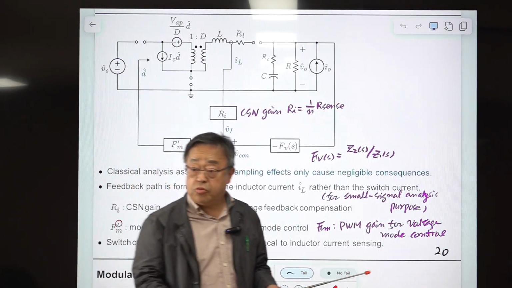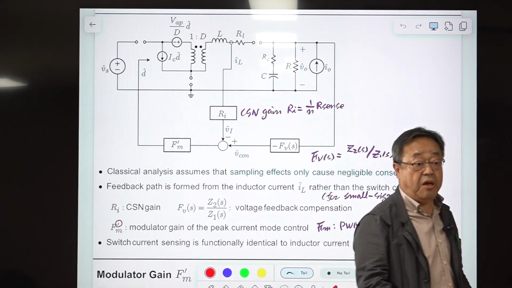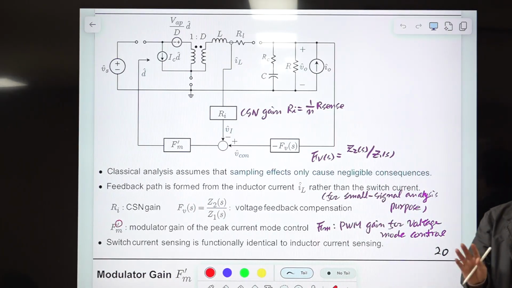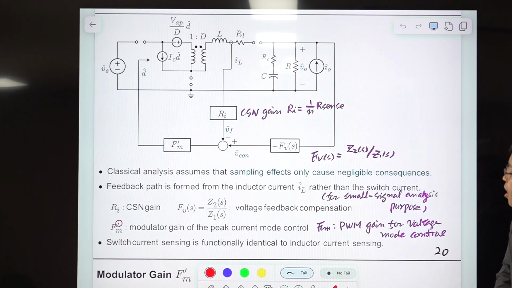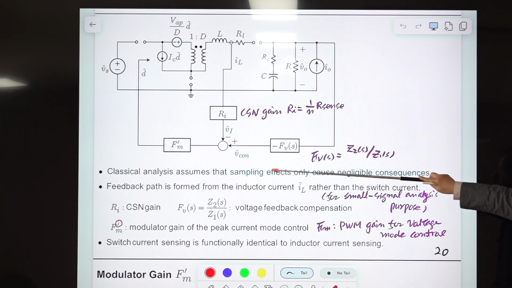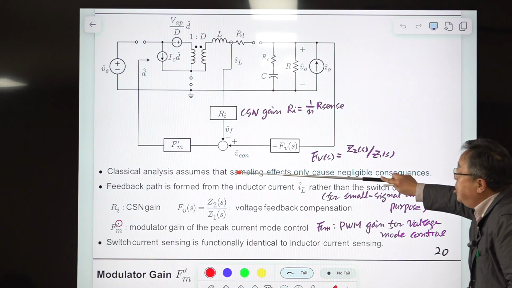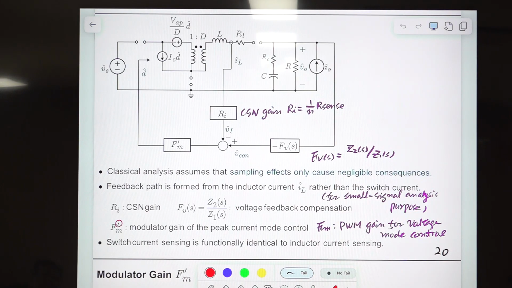And current mode control, you should consider the sampling effect. Every detail about the sampling effect will be discussed later. But somehow in the past, they ignored this sampling effect even with the current mode control. Okay, that approach was used for a long time. Okay, before 1980, 1990, something like that.